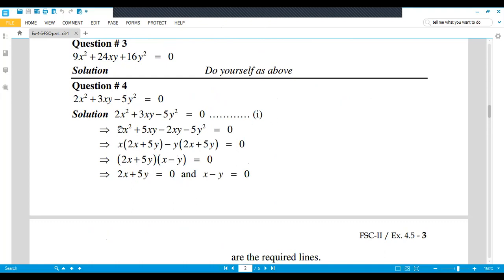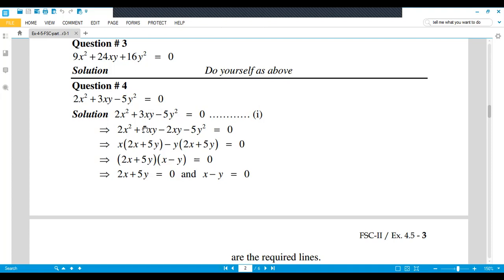Question number 4 is 2x square plus 3xy minus 5y square. Homogeneous equation is given. So what will you do? First you factorize it. Minus 5 into 2 is minus 10. Factors of 10, which you multiply you get 10, and when you subtract you get 3. So 5 and 2, when you multiply you get minus 10, and when you subtract 2 from 5 you get plus 3xy, the middle term.